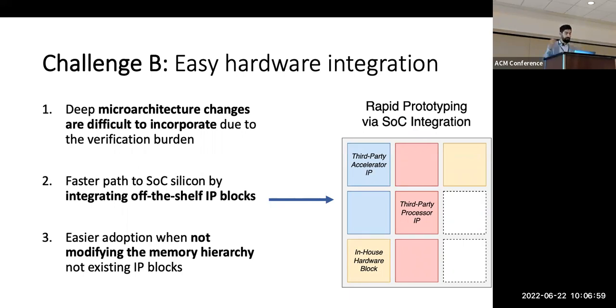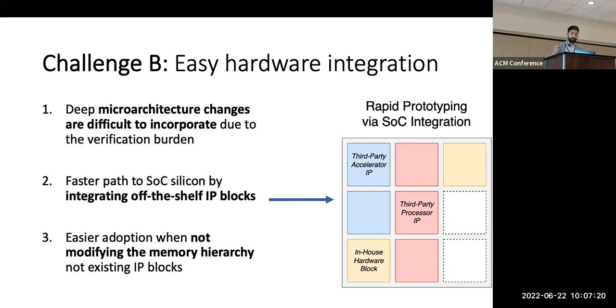And although some of the prior work proposals in microarchitectural changes might seem lightweight at first, just the fact that the IP block is being modified creates a heavy verification burden. Recent trends in open source hardware promote SoCs made of composable in-house and third-party IP blocks.